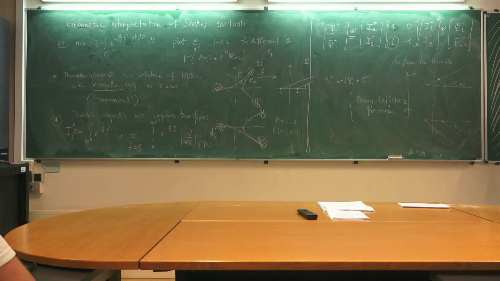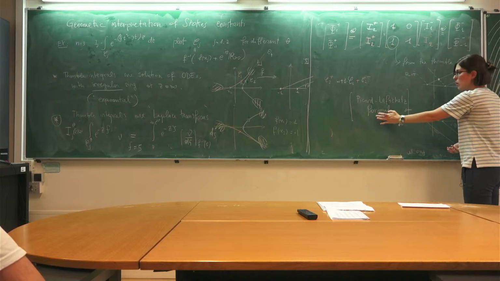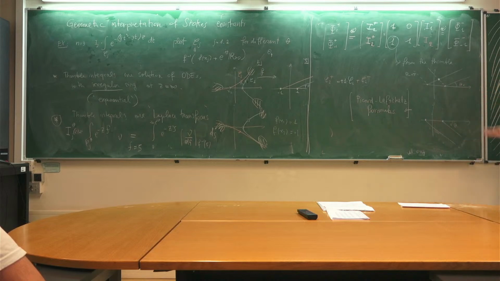Either you see it from the picture, or you think in terms of homology classes, and you can look at how this formula works and how different contours should change. Sorry, I drew it in the opposite direction, but okay.